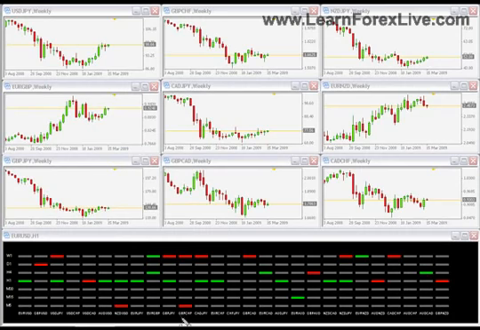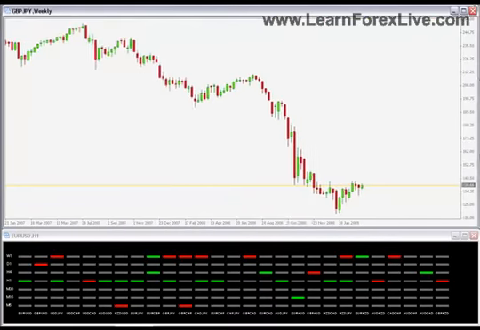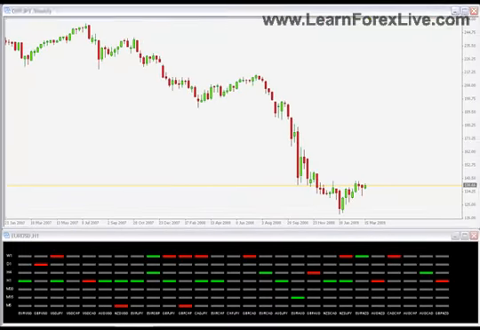Next one up. Down here, the sterling pound against the Japanese yen, the indicator is calling a downtrend. Let's see if this is actually true. This is the weekly chart for the sterling pound against the Japanese yen, and well, yeah, the market is swinging to the downside, so we would be searching for short opportunities only.